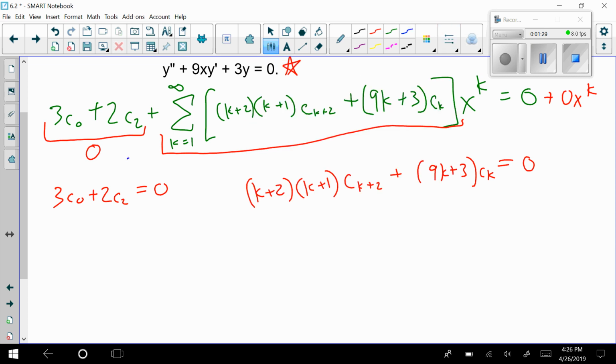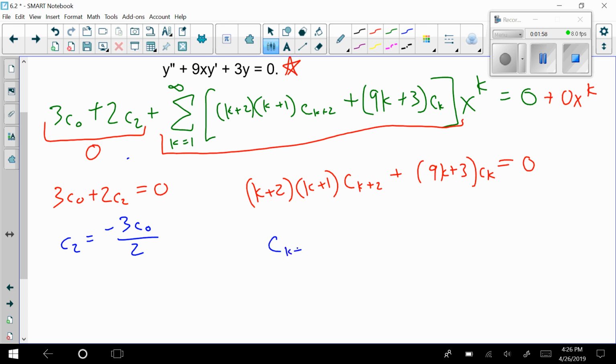Then I want to get the bigger c value by itself. So c sub 2 equals, well, I drag over this 3c naught, and then I'd have to divide by 2. So I get c sub 2 in terms of c sub 0. Likewise over here, I want to get the bigger one by itself.